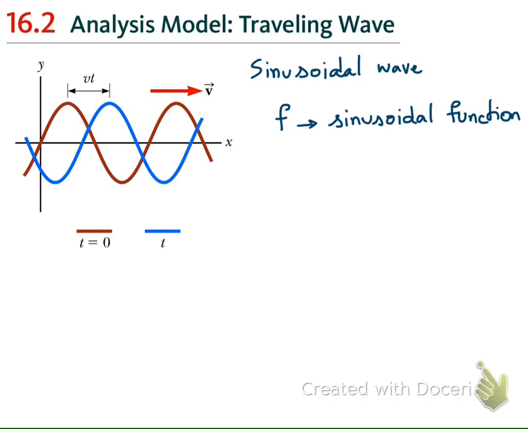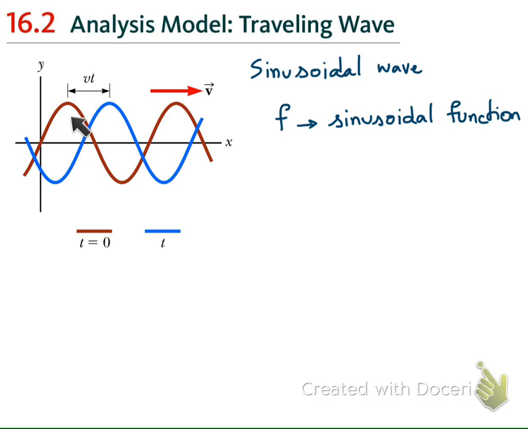In this curve, the brown curve represents the snapshot at the time t equal to 0, and the blue curve represents the snapshot at the later time t.